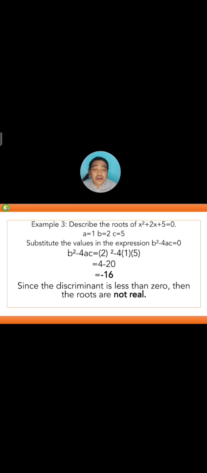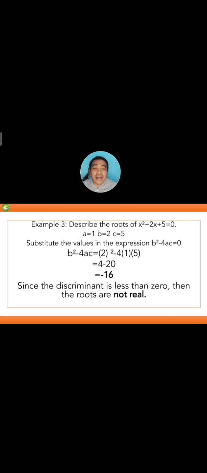So we have 4 minus 20 because 4 times 1 is 4 times 5 and that is 20. 4 minus 20, so we have negative 16. So since the discriminant is less than 0, then the roots are not real.